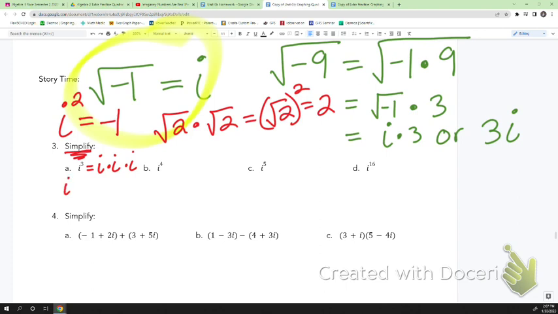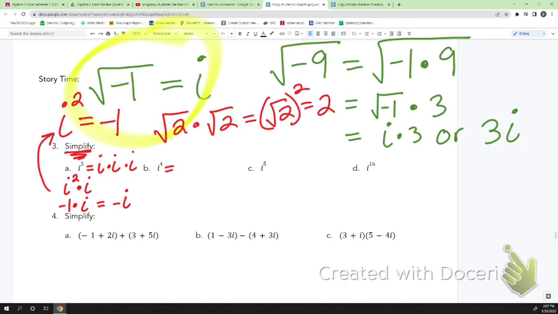I'm going to rewrite it so that i squared comes out. i squared times i is i to the third, right? Right. What's i squared equivalent to? -1. So i to the third really simplifies to be negative i.